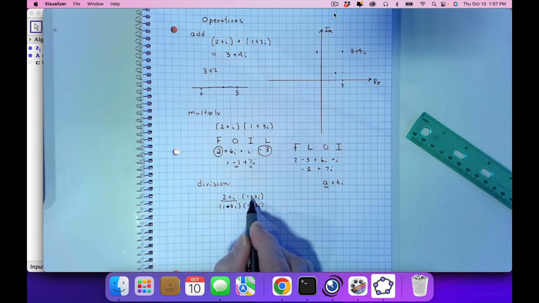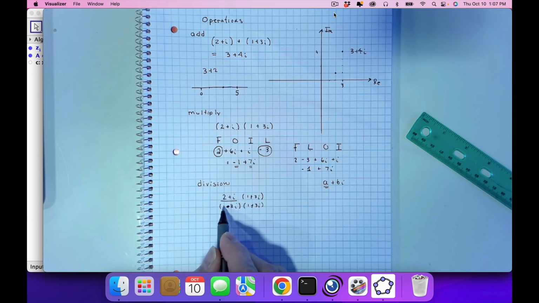Okay, and now, why are we multiplying the top and bottom by a complex conjugate? Well, over here as an aside, there's something really special that happens when you multiply a number by its complex conjugate. Let's see what happens.